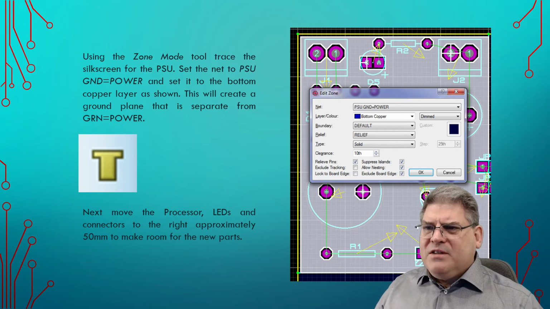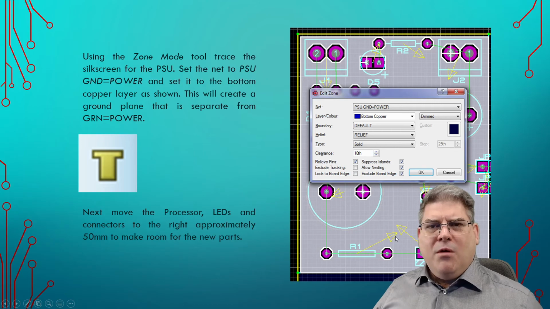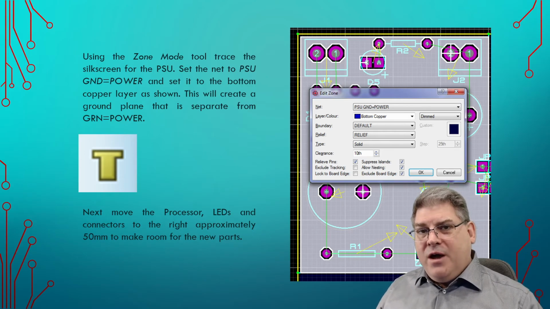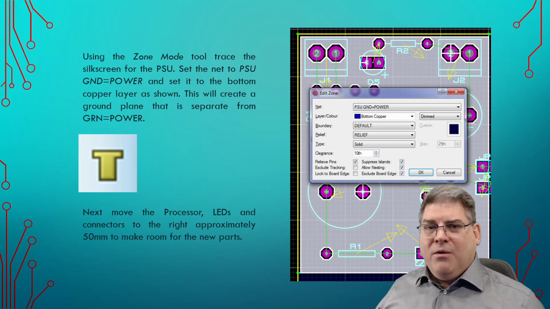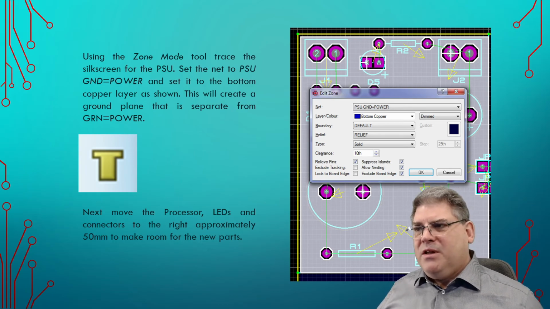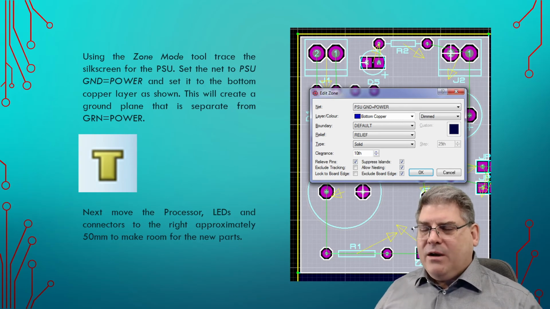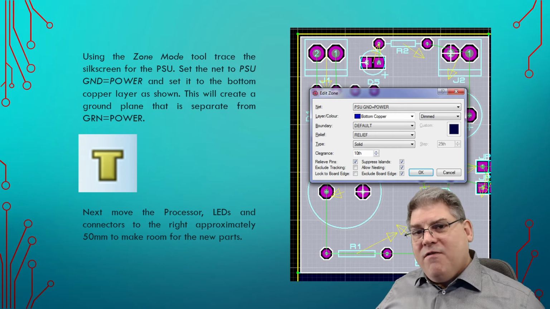But one of the things that becomes a real issue with more complicated designs is ground planes around high noise devices like your power supply. Now this is a linear power supply, so it's not the end of the world. This is more of an academic exercise, but it's a really good idea to have a separate ground plane for your power supply.